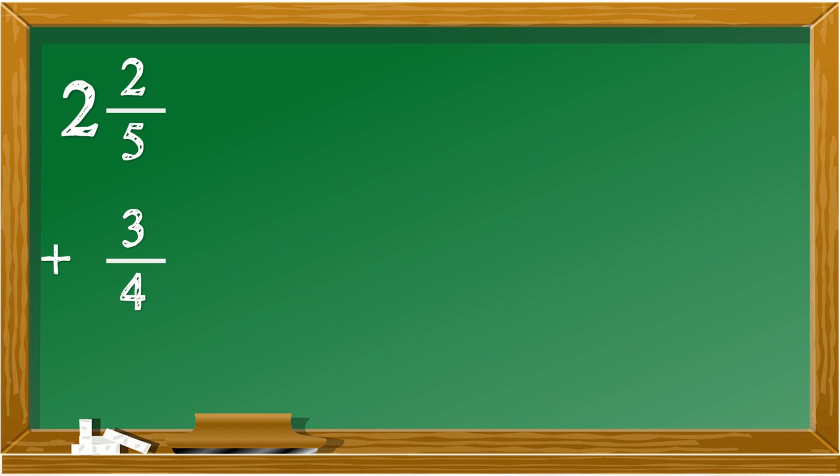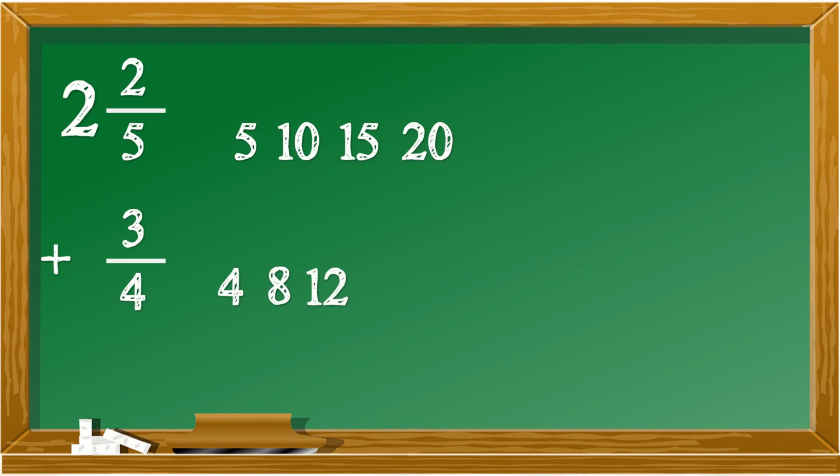First, list down all the multiples of 5. We have 5, 10, 15, 20. And list down all the multiples of 4. We have 4, 8, 12, 16, and 20. Now, what number do they have in common? That is 20.